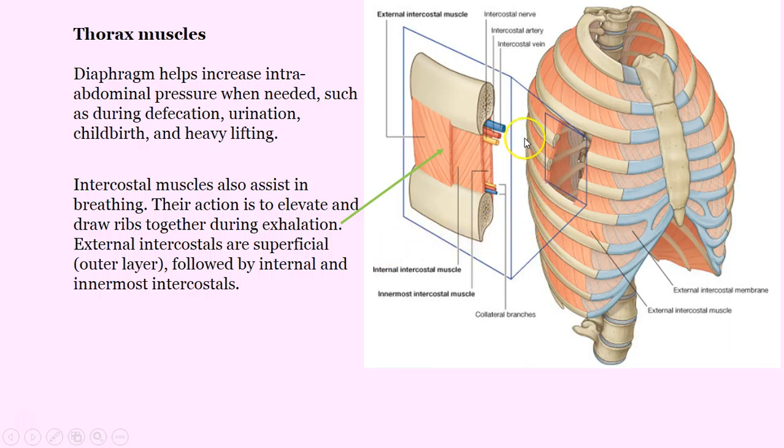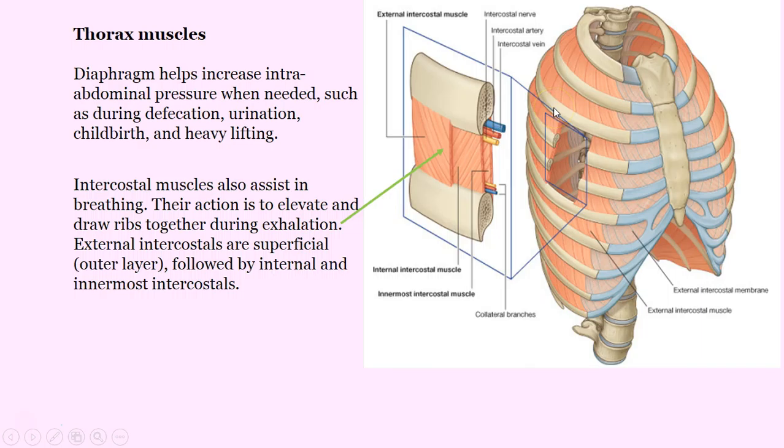Here's a picture I was thinking about. We have these intercostal muscles, and they're important because I mentioned that this intra-abdominal pressure is important, and we need it for defecation, urination, childbirth, and even heavy lifting. We need this internal pressure. But we also need to have stability and strength.